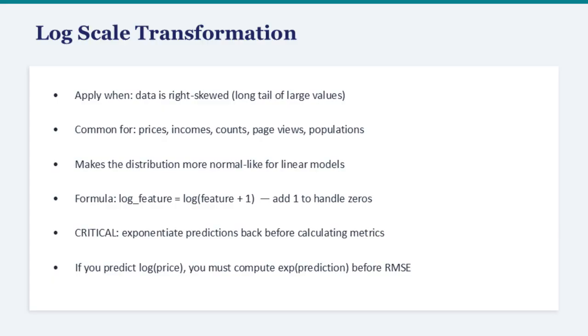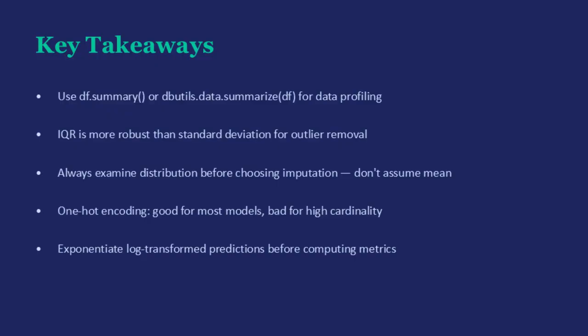If you trained a model to predict log of price, your raw predictions are in log scale. Computing RMSE on log scale predictions versus actual dollar prices is meaningless. You need to apply exponential to the power of prediction to convert it back to the original scale before computing RMSE or for that matter any other metric. This is the direct exam question, so please don't miss it.